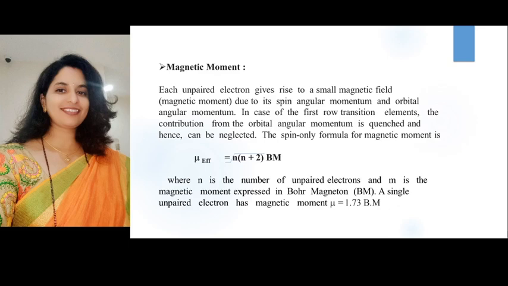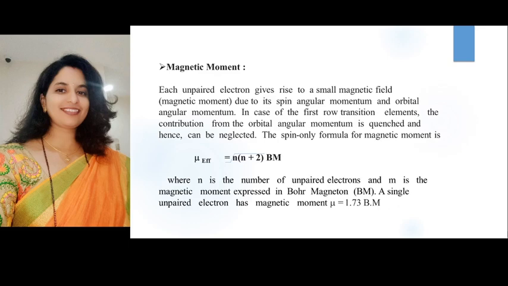These metals can be magnetized, that is, they acquire permanent magnetic moment. Now we will see how to calculate the magnetic moment. What is meant by magnetic moment? Each unpaired electron gives rise to a small magnetic field due to its spin angular momentum and orbital angular momentum.